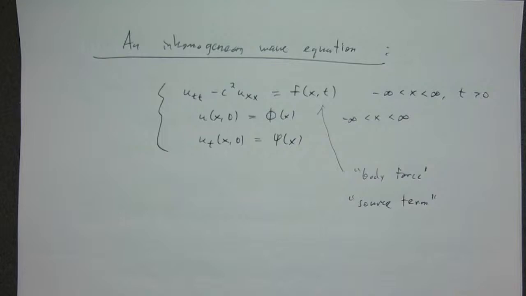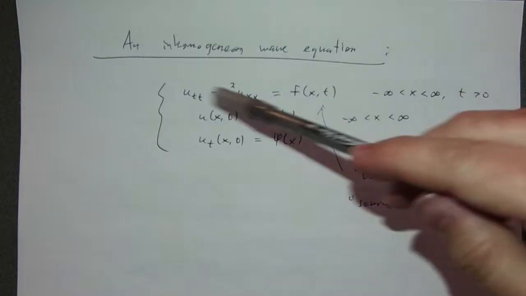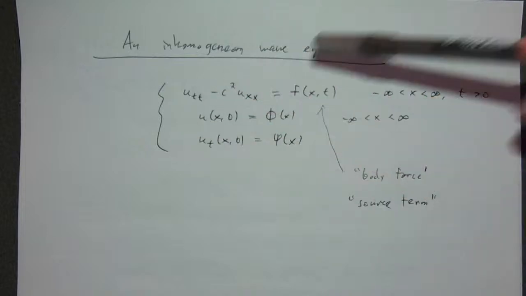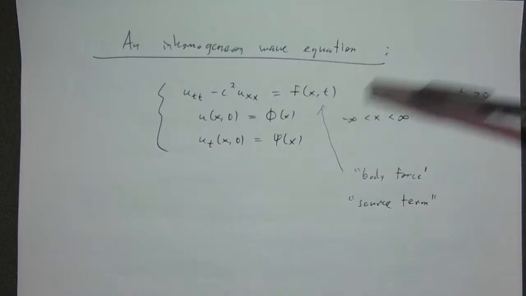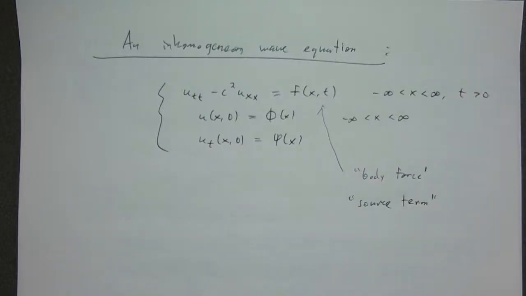This is an example of having a source term, or more generally, an inhomogeneous example of a wave equation. We put everything involving the derivatives of the wave equation on the left-hand side. The right-hand side doesn't involve the solution u itself, that'd be a different equation. It's just a function of x and t. So for instance, maybe this body force is gravity, in which case it would just be a constant here. Maybe it's some other more complicated external force I'm thinking about.